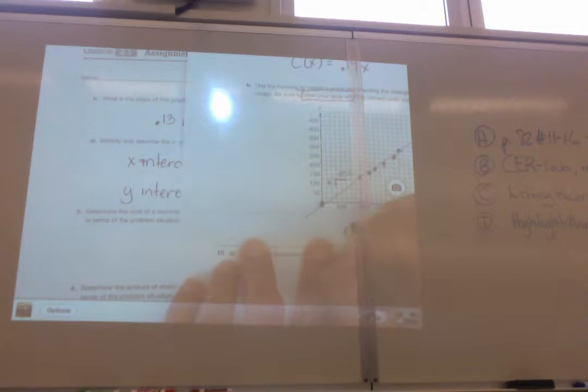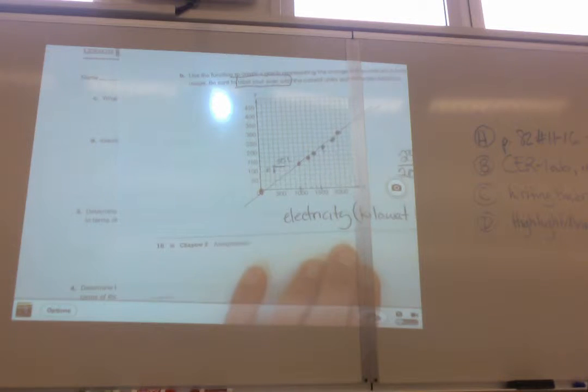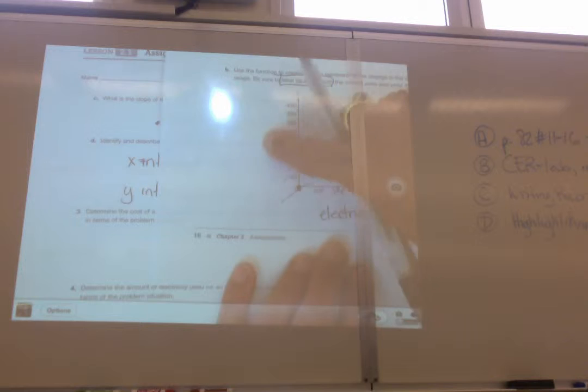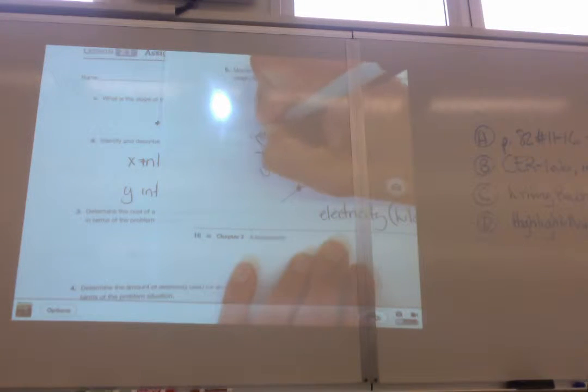Kilowatts. This is electricity. You guys have this on your graph? In kilowatt. And what's the other axis represent? Cost or money in dollars.